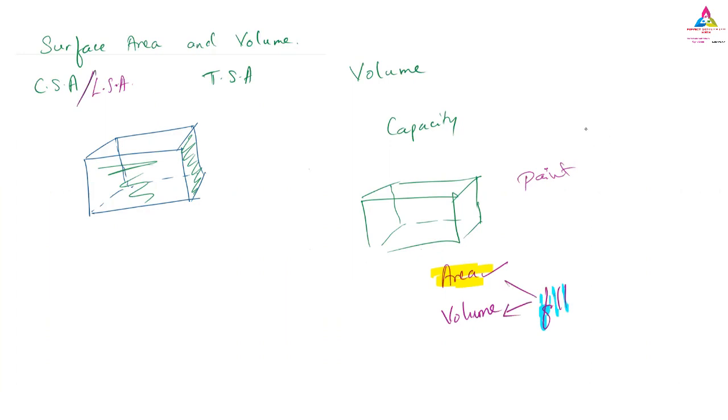Volume, because you have to fill the tank, putting water in it. If you turn on the tap, the water fills inside and covers the whole inside space. So how much capacity we have, that is called the volume. So you are finding the volume because it is filling inside. This is the way we can differentiate a volume and an area.